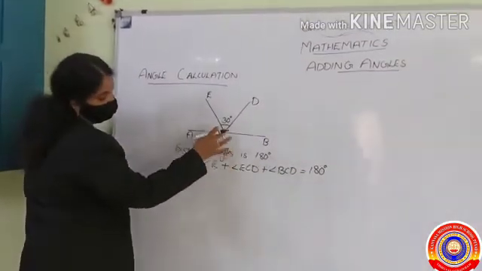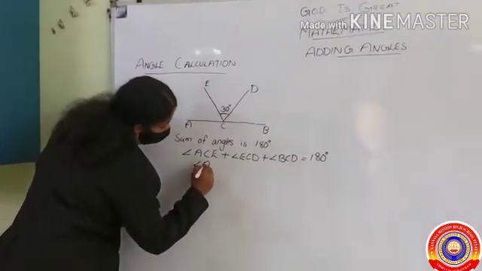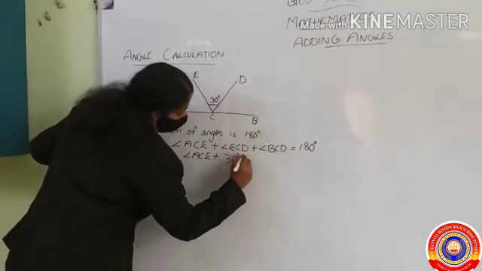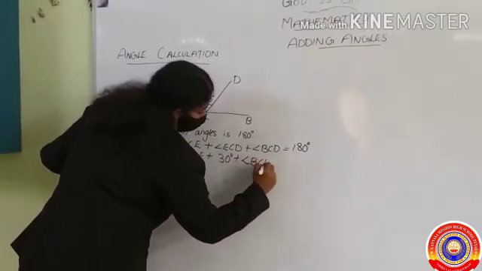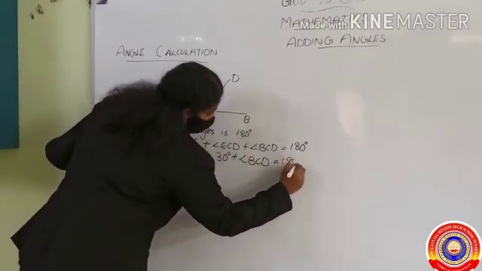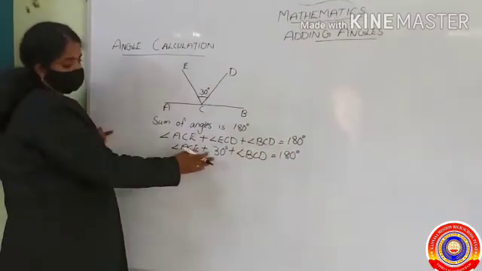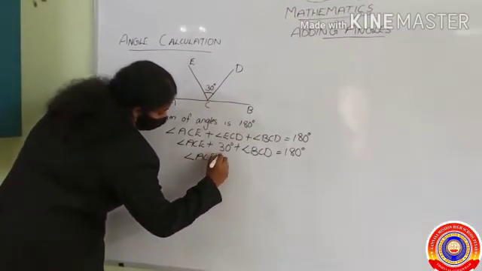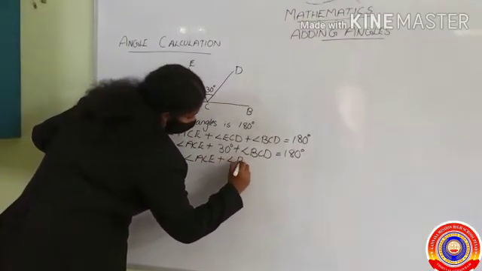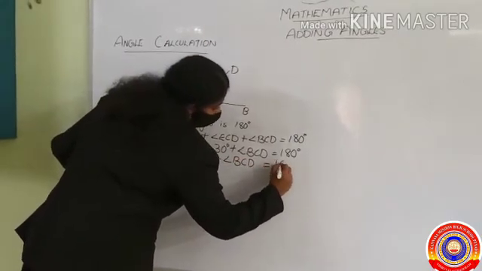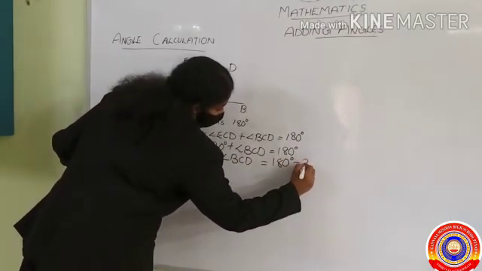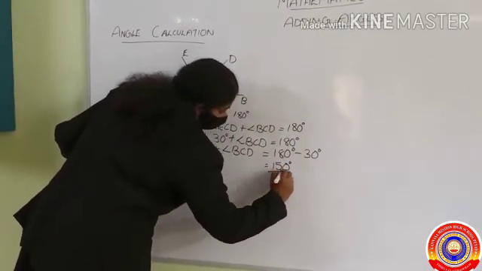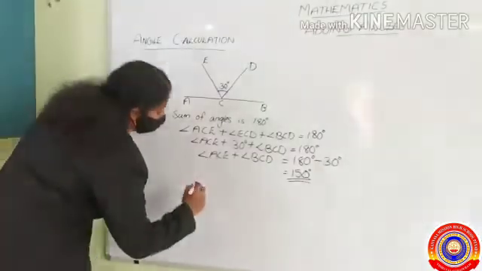Here one angle measurement is given as 30 degree. So angle ACE plus 30 degree plus angle BCD is equal to 180 degree. Here we can write the angle measurements in one side. So angle ACE plus angle BCD is equal to 180 minus 30. When 30 goes to the left side, it becomes minus 30. 180 minus 30 is 150 degree.